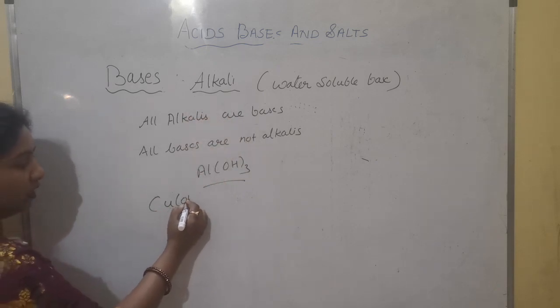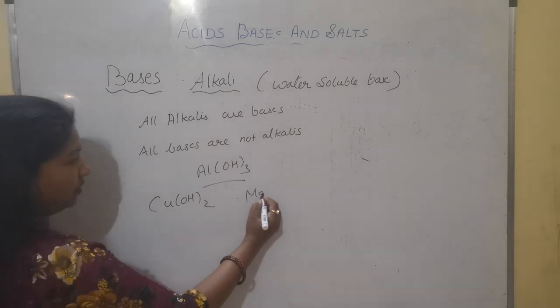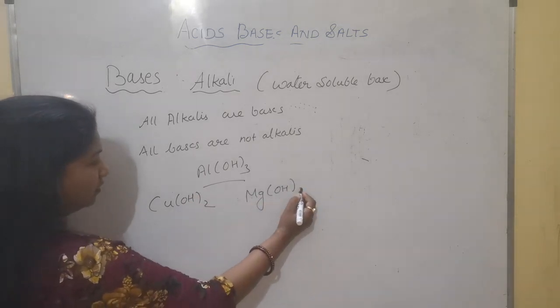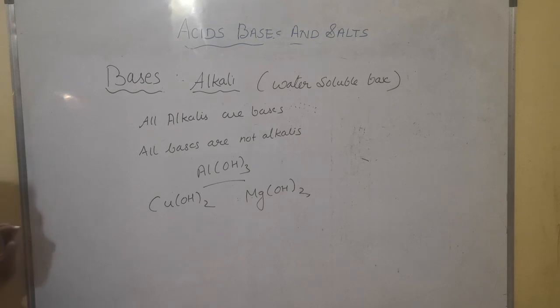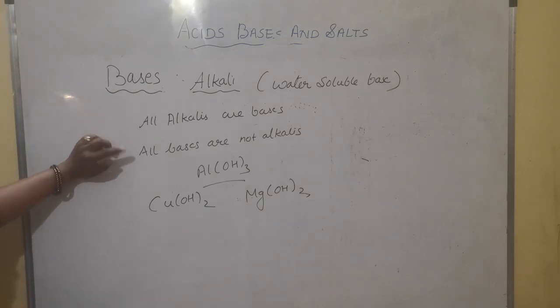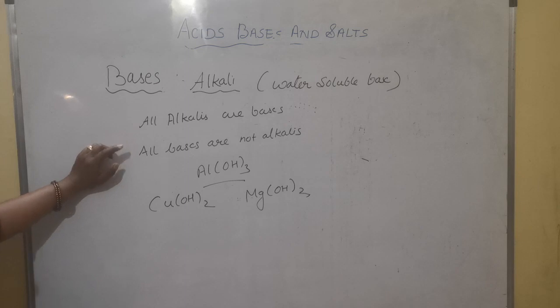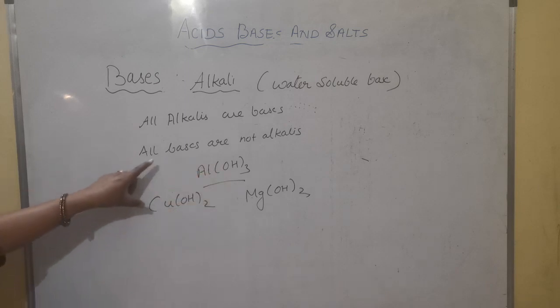Similarly, copper hydroxide. Similarly, magnesium hydroxide. Just think of any other base except these four. They all are insoluble. So that is why we say that all alkalis are bases, but all bases are not alkalis. They all are bases, but they are not alkalis because they are insoluble.